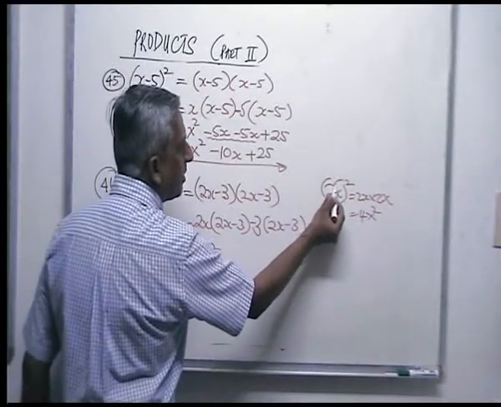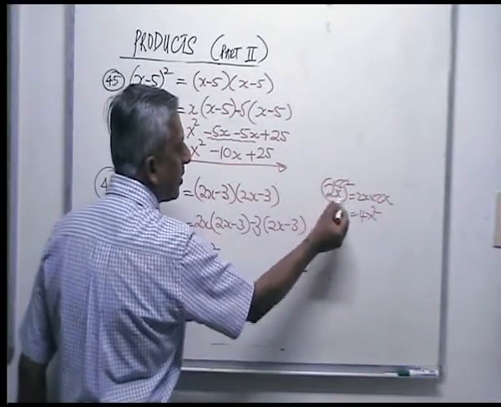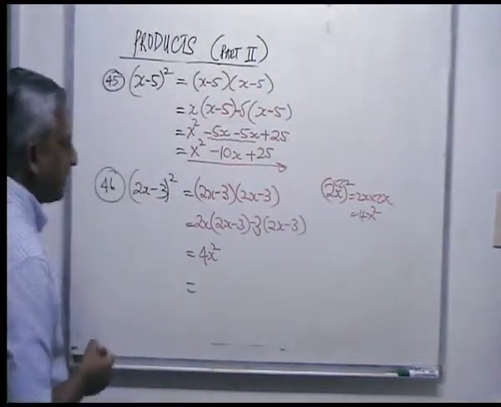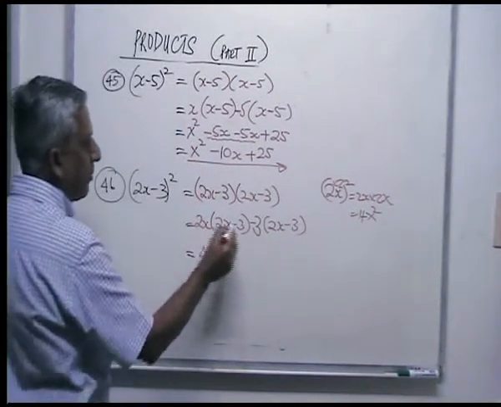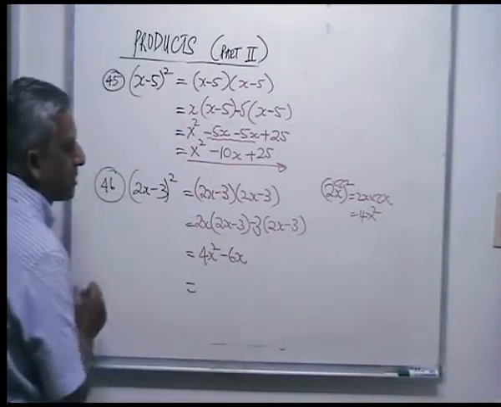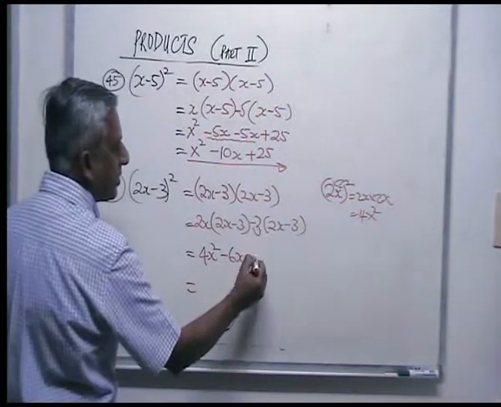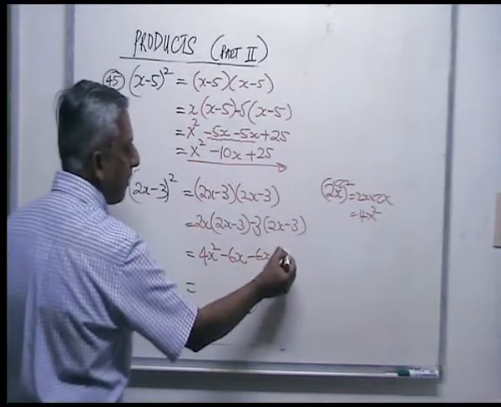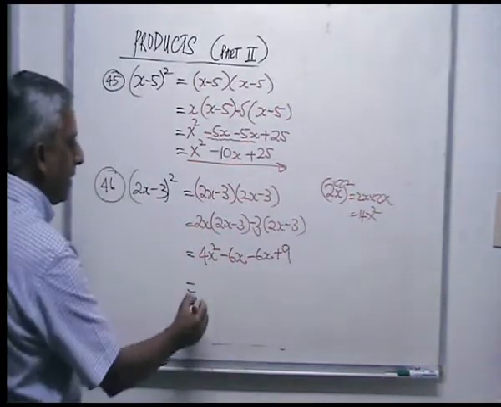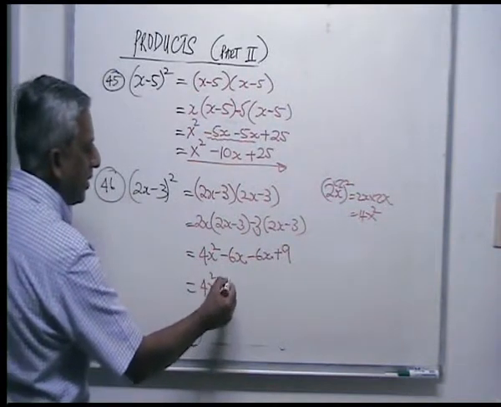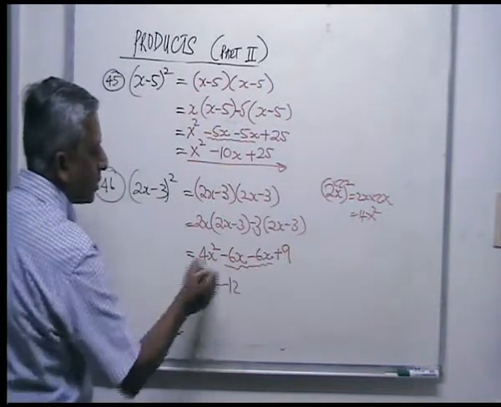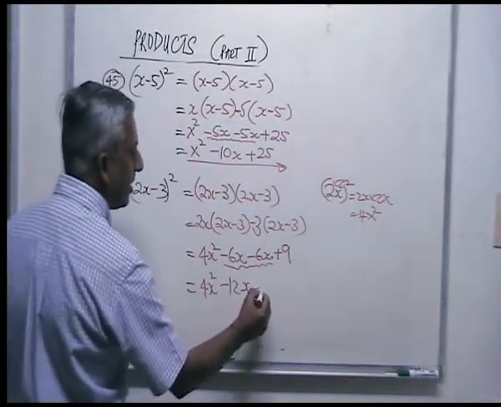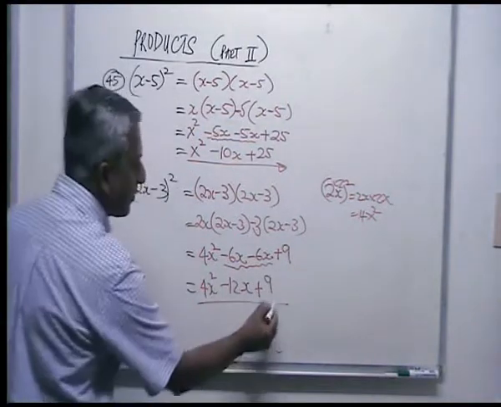Or if you remember your power rules from before, the power goes on to each one. So it's 2 squared, which is 4, x squared is x squared. Right, so that's 4x squared minus 6x. Minus 3 times 2 gives you minus 6x. Minus 3 times minus 3 gives you plus 9. And that gives you 4x squared minus 12x. Remember, we're adding those two up. You put minus 6 plus minus 6 in your calculator, and you see you get minus 12 plus 9.